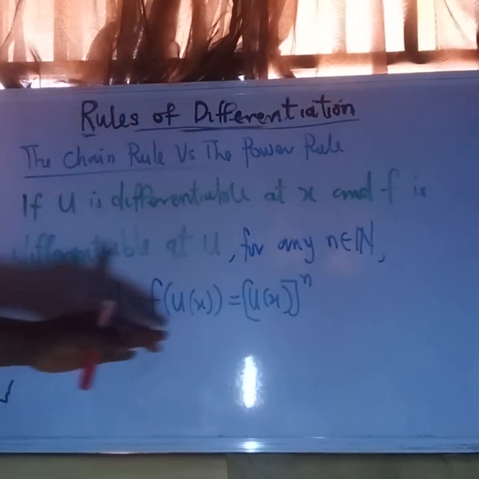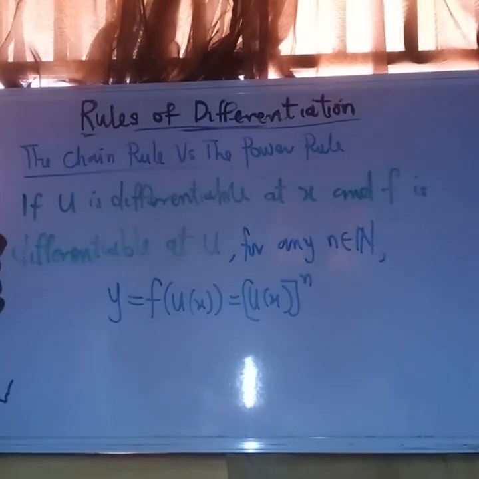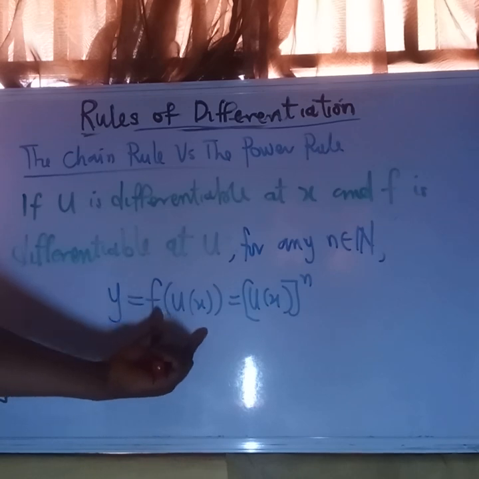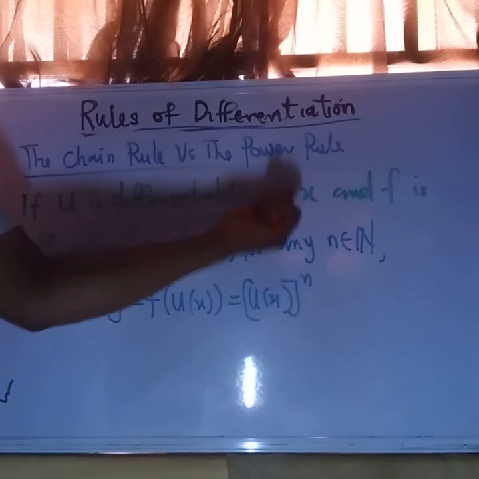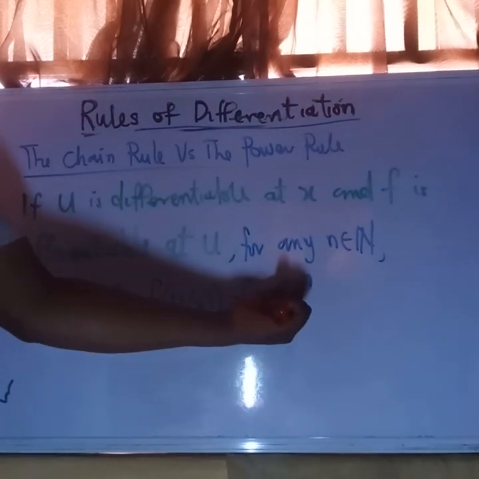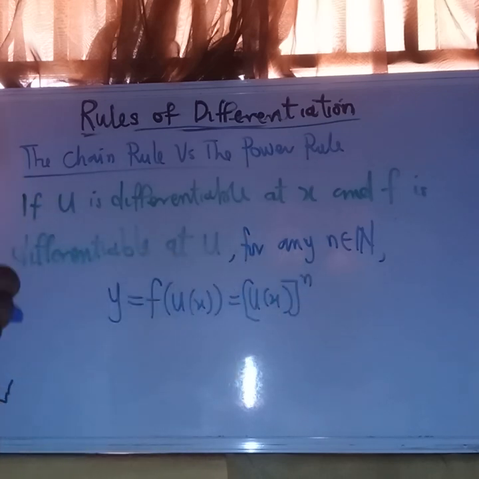If the function is given as this, you will recall that we discussed it under the chain rule, and we are now including a power n, where n is a positive integer.